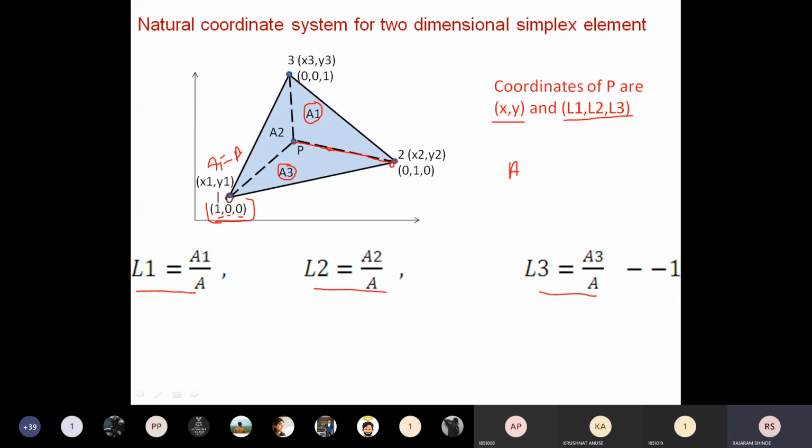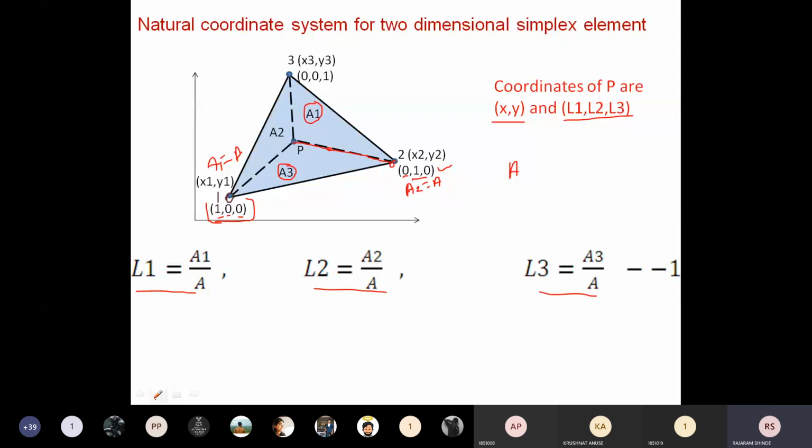Here A1 becomes 0, A3 becomes 0, and A2 is equal to A, that is, the area of the element. Now as A1 becomes 0, your first natural coordinate, A1 by A, is 0. Second natural coordinate is A by A, it is 1, and third natural coordinate is A3 by A. As A3 is 0, again it is 0.